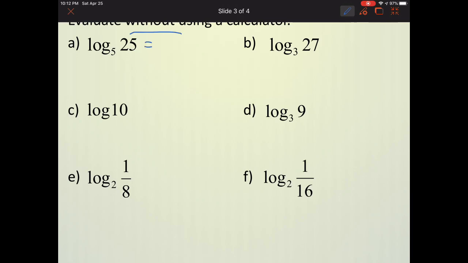We pretend this equals an x for the exponent. So this will be 5 to the x equals 25. That's what we did last week, we rewrote these problems. So 5 to the what is 25? Well, 5 squared, 5 to the 2, is 25.